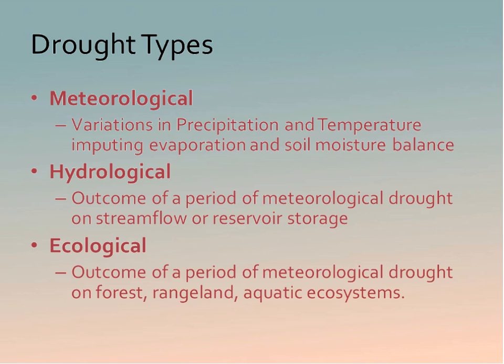Meteorological and hydrological are the ones that you find in the drought literature most commonly now. So meteorological drought is variations in precipitation and temperature. They may impute changes to evaporation, at least through the equations that are used, and typically you look at some kind of model of the soil moisture balance.